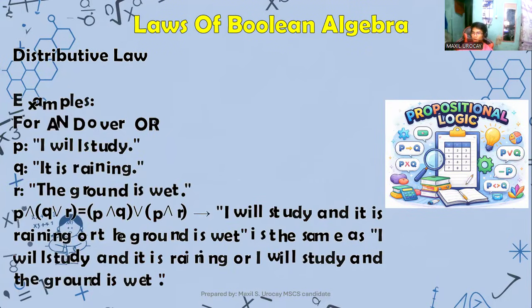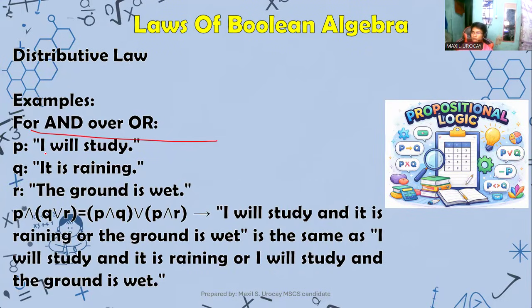Now for the distributive law, for AND over OR: I will study and it is raining or the ground is wet. That is how it works. And for this one here, I will study, and for this here, Q or R, it is raining, the ground is wet.